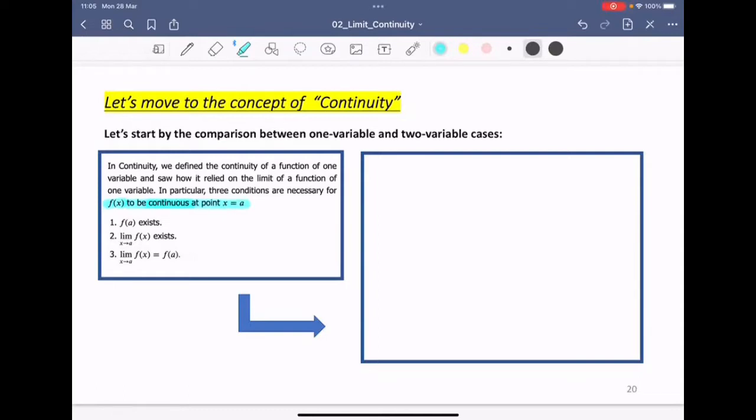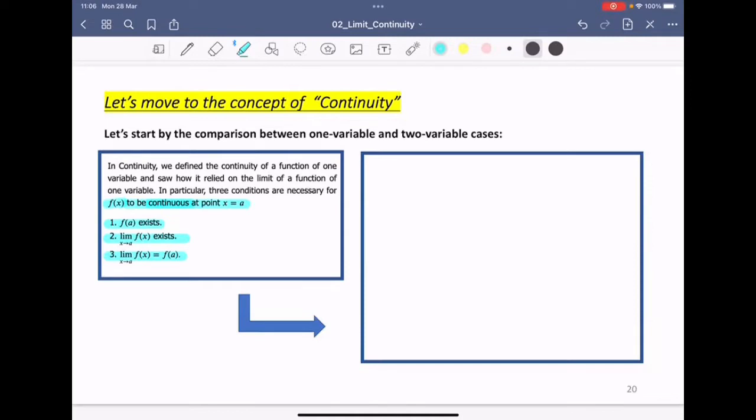The first one is f(a) exists. The second one is the limit of f exists when x approaches a. And the last one, if number 1 and number 2 are equal to each other, you say that, hey, 1, 2, and 3, boom, the function f is continuous at the point x equal to a. This is what you learn in Cal 1 in one dimension.